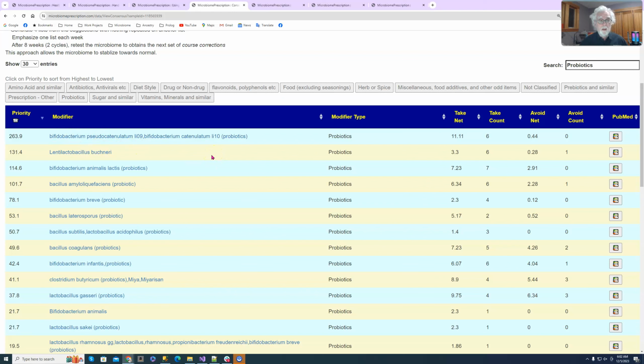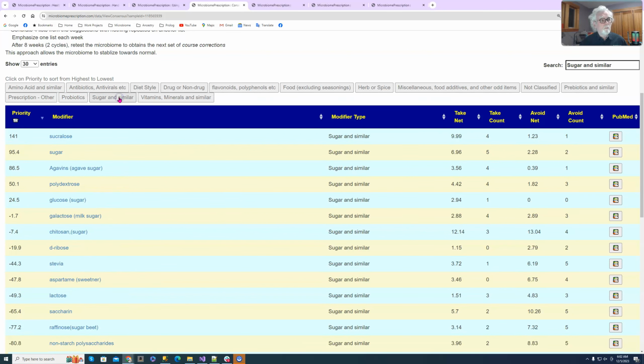Basically, I can't find any product with it in it. If you do, please tell me. I would love to have it included, and everything else is low. So basically, don't bother with probiotics at the moment.